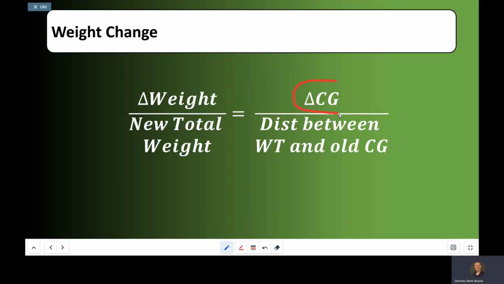Okay. Delta CG, that's the change of center of gravity. And then we have the distance between the weight location, the weight change location, and the old center of gravity.